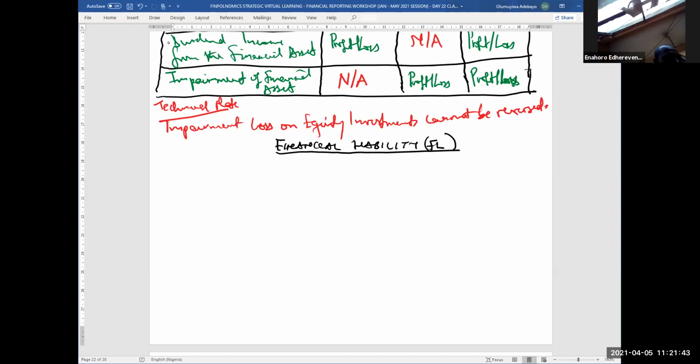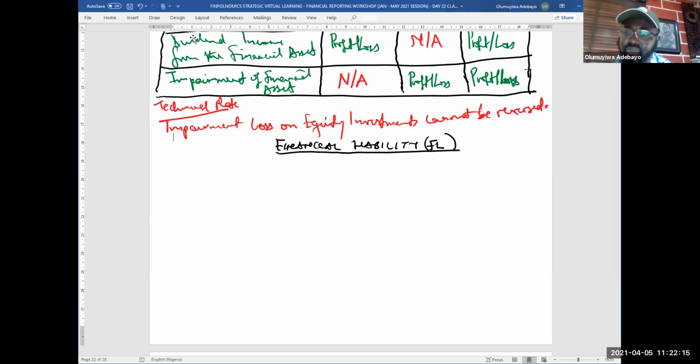The market that tells you the price of GDP should be 28 naira from 30 naira is the same market that will come the second day to say no, it's back at 30 naira or even at 32 naira. That's why fair value losses are temporary in nature. Impairment loss may be considered to be of a permanent nature. Do you get what I'm saying now?